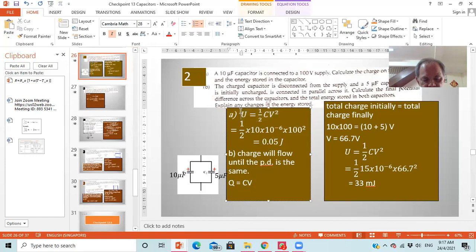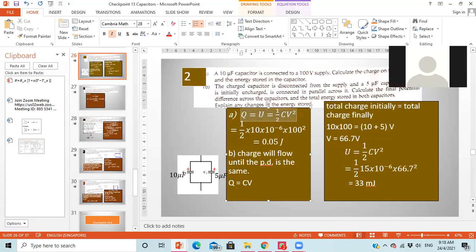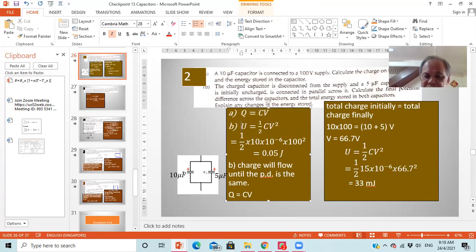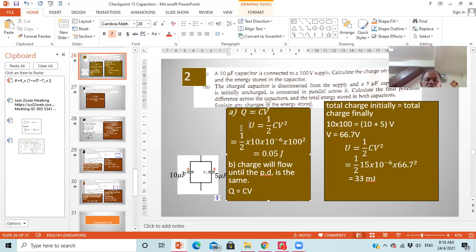Okay, charge stored is Q equals to... So the charge stored you should be able to calculate yourself, isn't it? Yeah, sure. So I don't think I will do that. It's just Q equals CV.